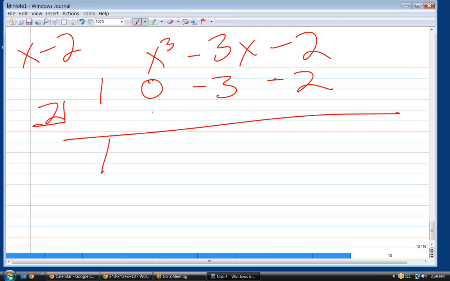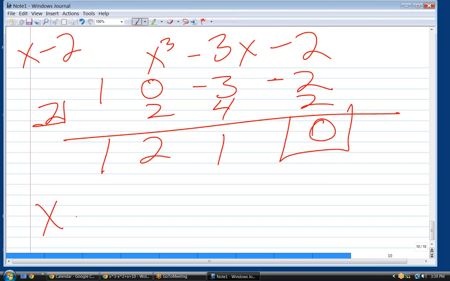1, what goes here? 2. Here? 2. 4 and 1 and 2 and 0.